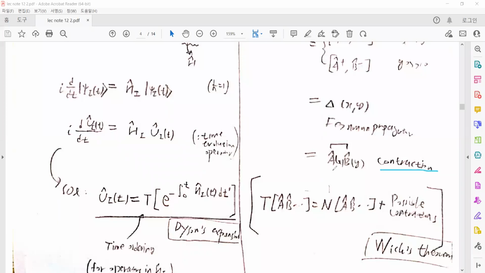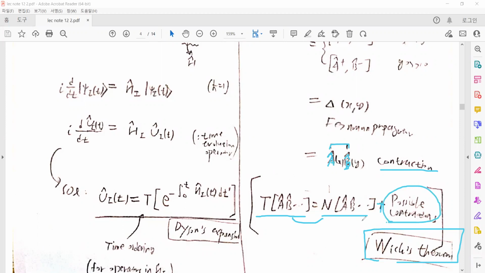Which is noticed as the connected lines from the bit operators A and B. It is because of Wick's theorem, which says the time ordering of the products of the bit operators, minus the normal ordering, is equal to all possible contractions.